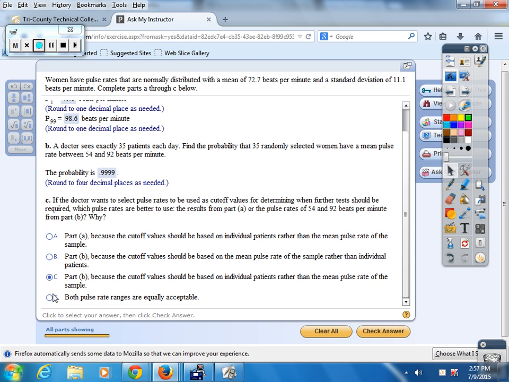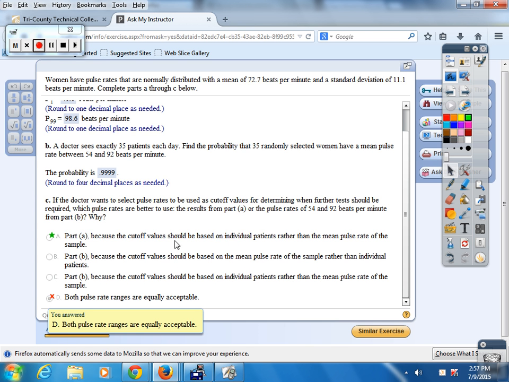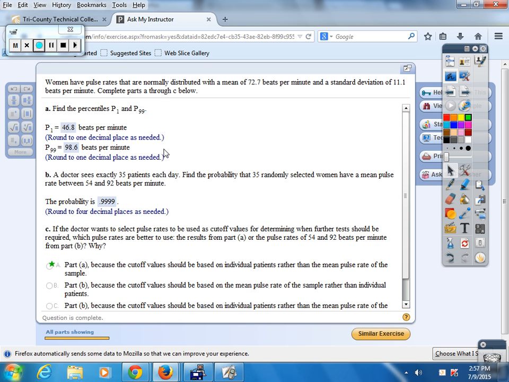So I would take C or D. Got A. Okay, tell me why. Because the cutoff values should be based on individual patients. Well, I thought that's what that meant right here. Wait a minute. Part A, that's on the sample.